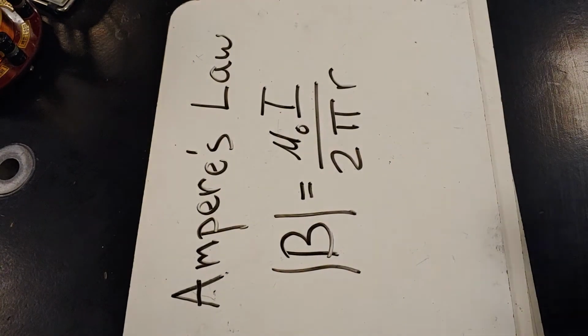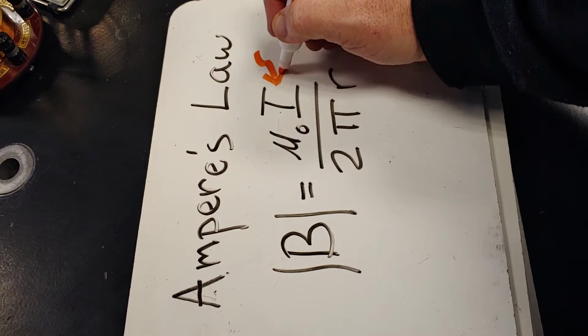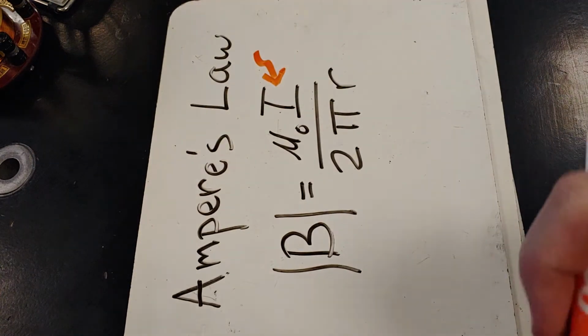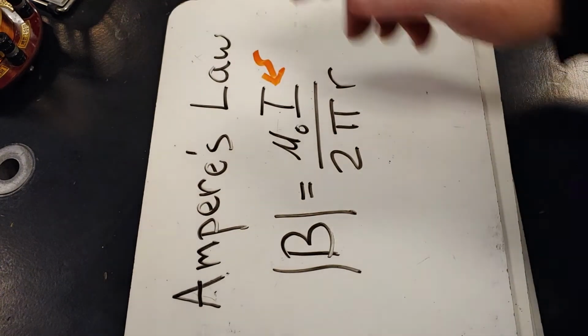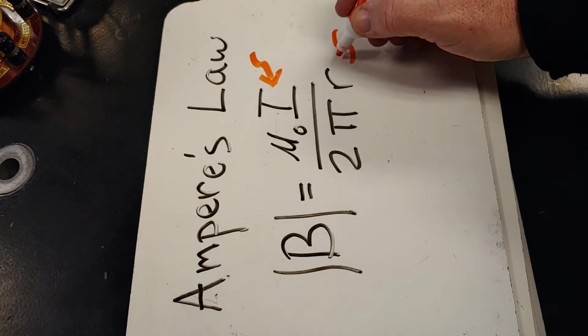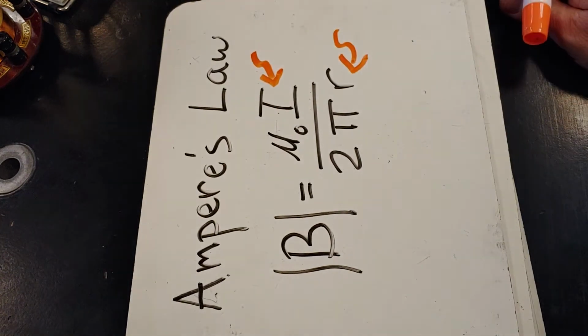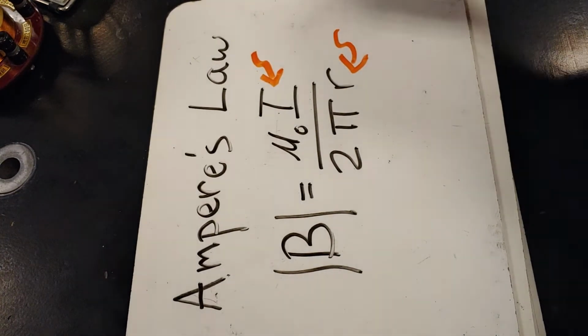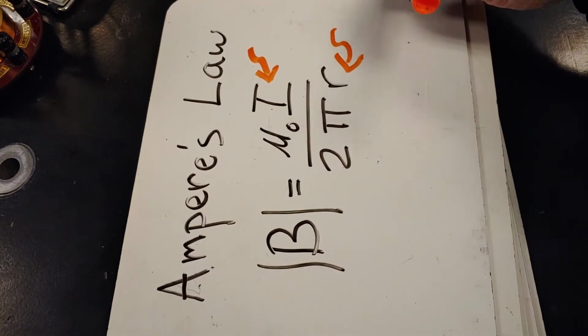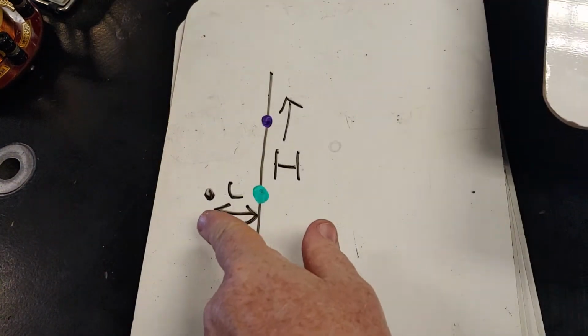When we look at this equation, we see that we've got, of course, the current that is the moving charge that creates the field. We have the distance from the wire, and that, of course, is measured on the perpendicular to the wire.